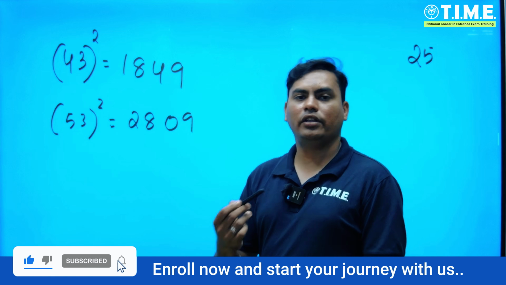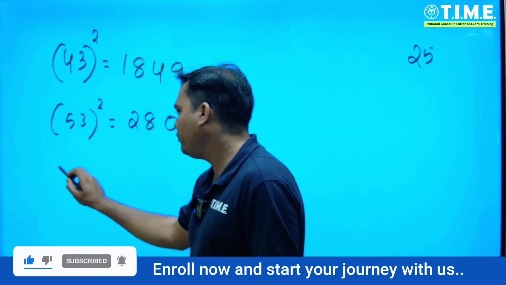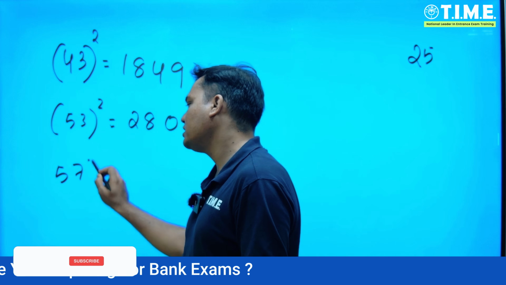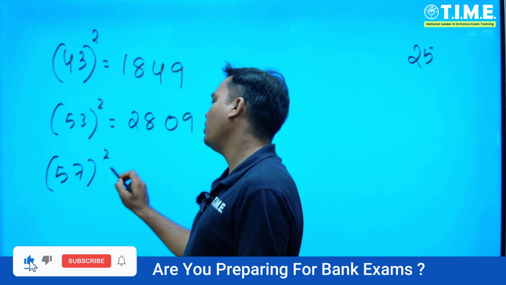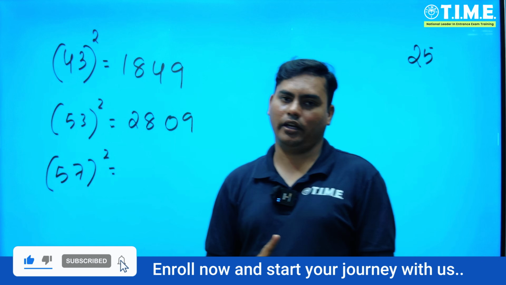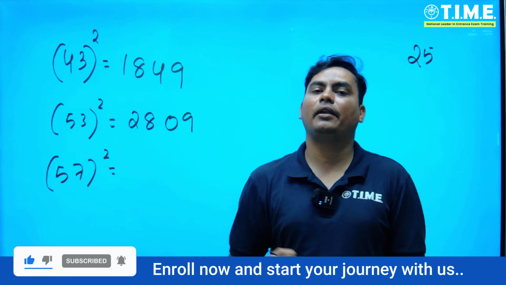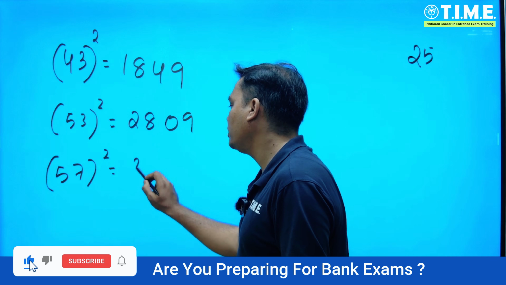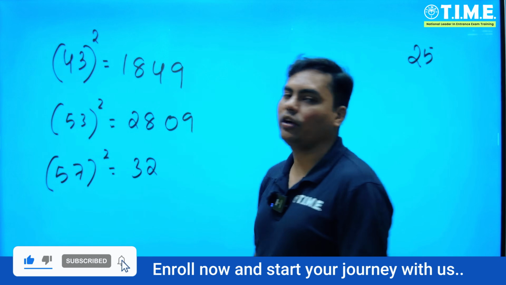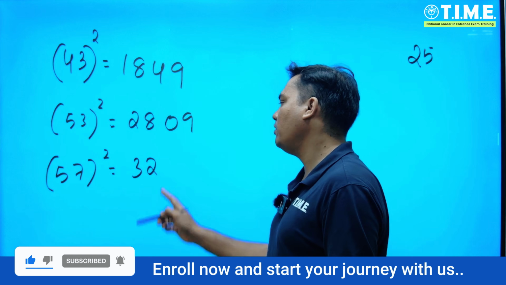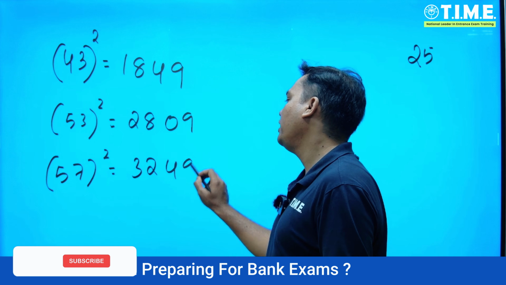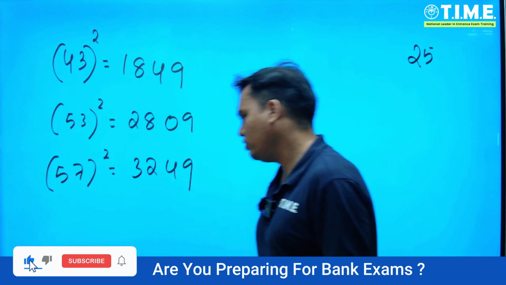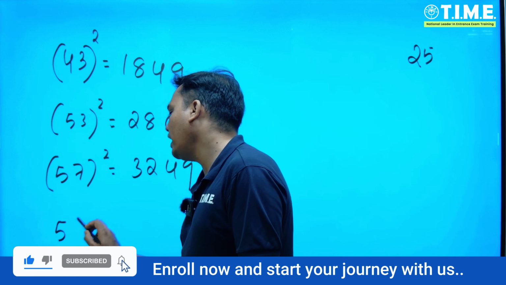Now, if I go with the next number, suppose 57 square. 57 is 7 more than 50. I will add 25 plus 7. 25 plus 7 will be 32. What is 7 square? 49. My answer will be 3249 now.